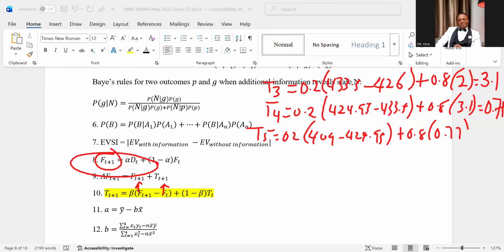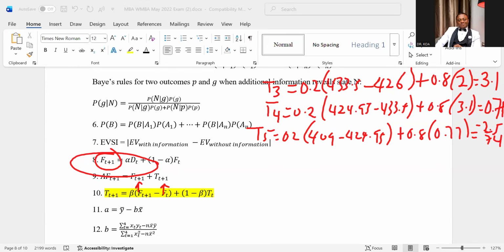Exactly, 0.77 we just have. And when you do that, it will give you a negative value, negative 2.574. You have to check it out. So that is your T5.